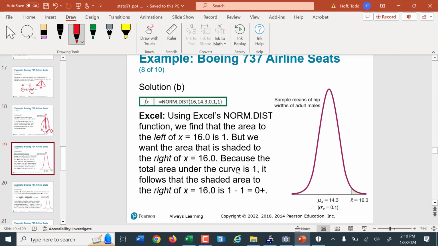Because that is 1, it's so close to 1 that there's almost nothing left. That was the probability of being to the left. We want the probability to the right, so we find the complement. 1 minus 1 gives us 0. That little plus is telling us that it's slightly greater than 0, but too small to even be measured. So 0 plus says it's an extremely tiny probability.